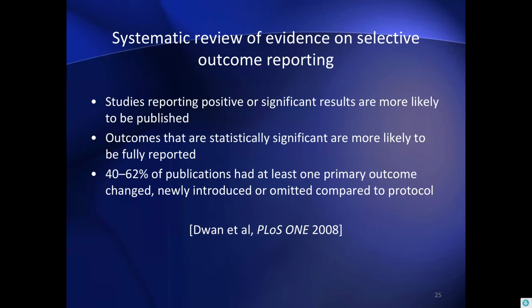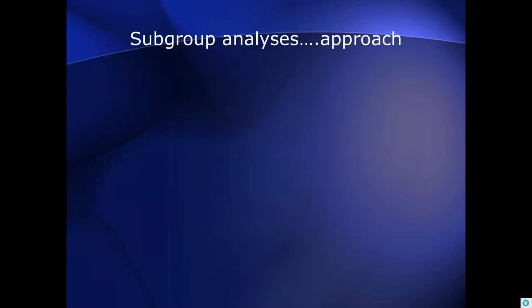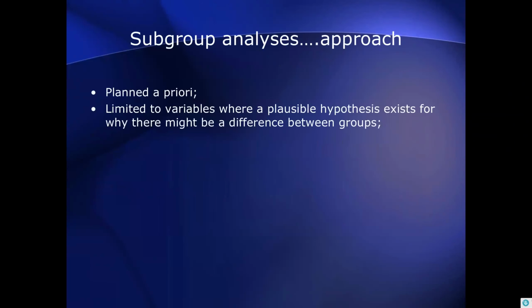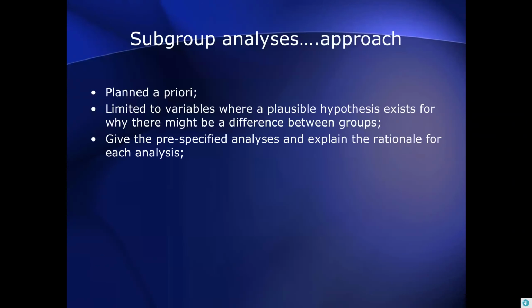So, some approaches to the subgroup analysis I mentioned, some rules of thumb to avoid some of this selective outcome reporting that often appears alongside subgroup analysis: subgroup analysis should be planned a priori. They should be justified for variables where there's a plausible hypothesis for why you might expect a difference between groups. That may be, for example, a physiological or pathophysiological link. We should be giving the pre-specified analysis we intend on using and explain the rationale for the analysis.